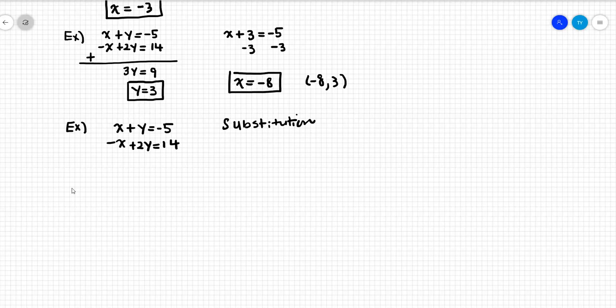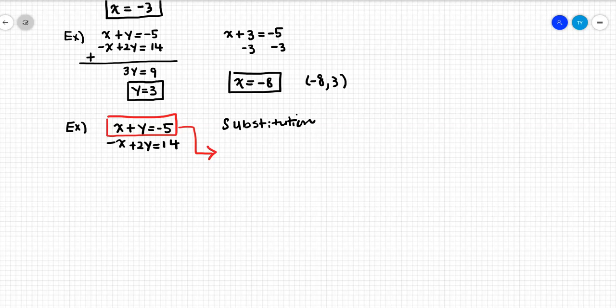Okay? So what I am going to do here is look at the first equation, and I'm going to rewrite that so I can make a substitution. So let's just do that.